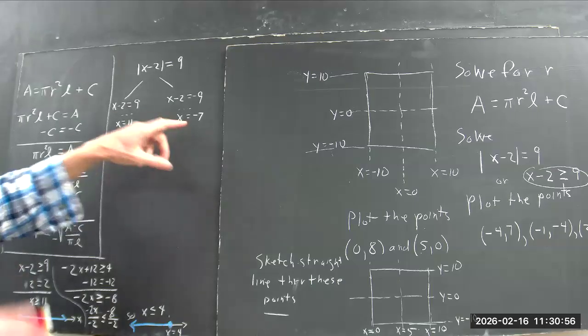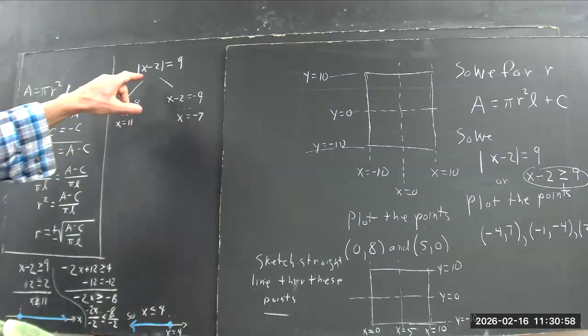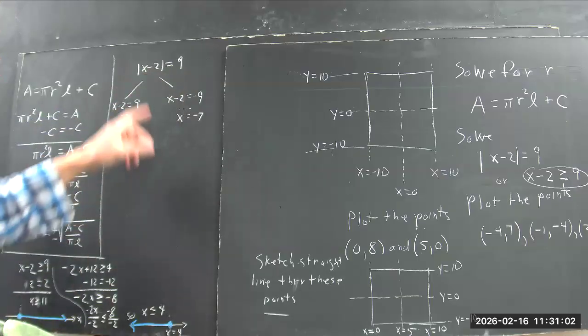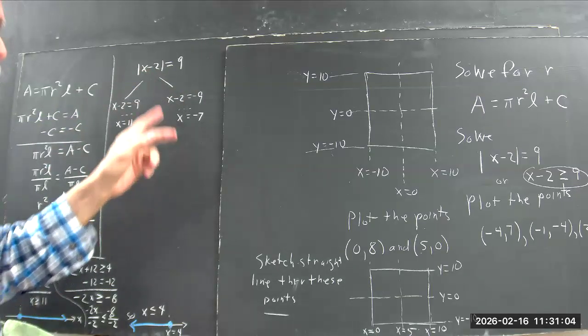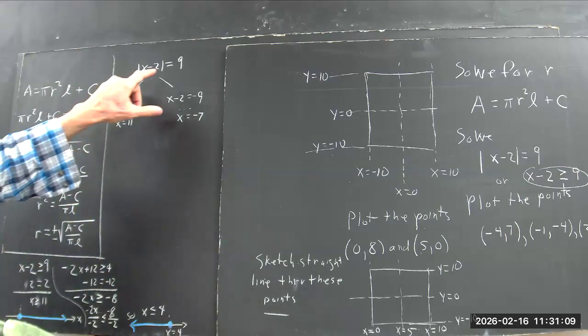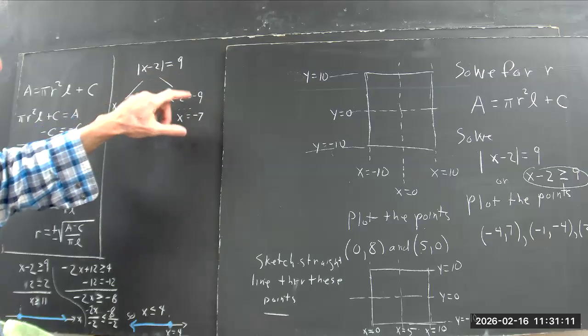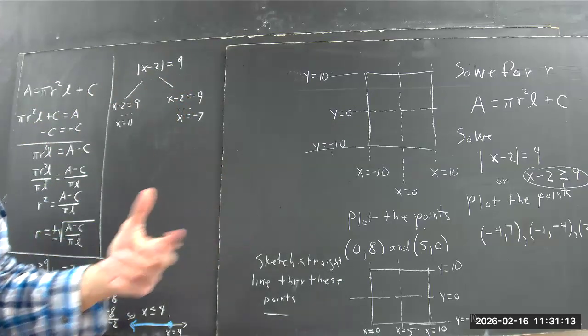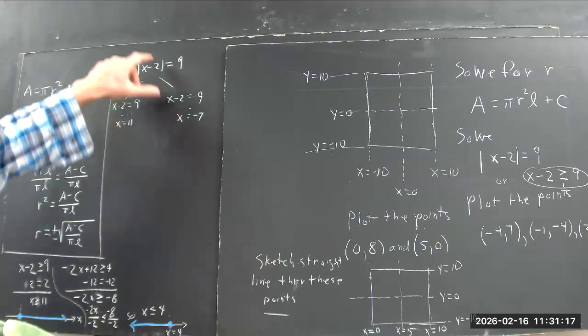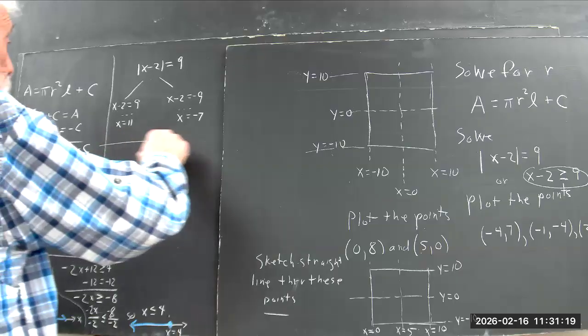If we plug in x equals negative 7, we get the absolute value of negative 7 minus 2, which is negative 9. So we have the absolute value of negative 9 equals 9, and the absolute value of negative 9 is 9, so we get 9 equals 9. So we've satisfied the equation.